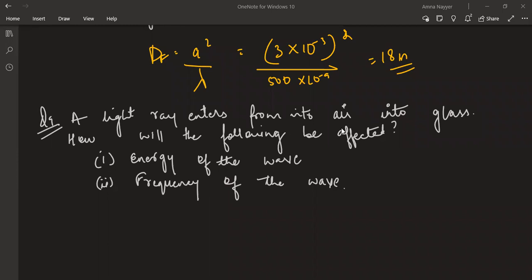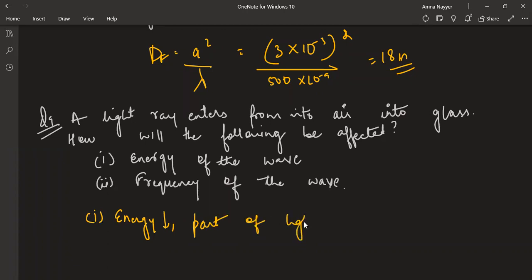The frequency of the wave remains unchanged, it does not depend on the medium. Both of you are right. The second part will be that frequency remains constant. But for the first part, energy will decrease. That was right, Khalid. The reason is that part of the light wave is reflected back into the air.